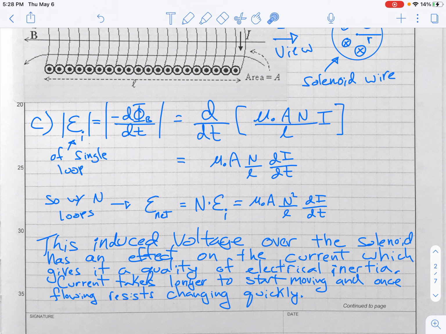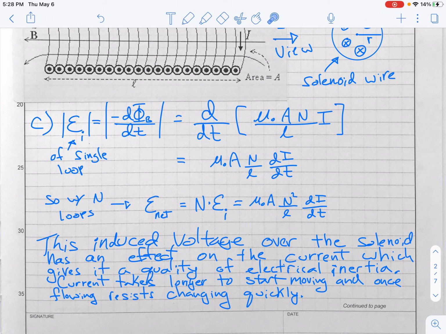And if you had current flowing through the solenoid at a steady rate, and then you opened a switch and suddenly there was no voltage, the solenoid, as the current starts to decrease, will maintain some of the voltage, and it will continue to allow current to flow for longer than it would if it wasn't there.